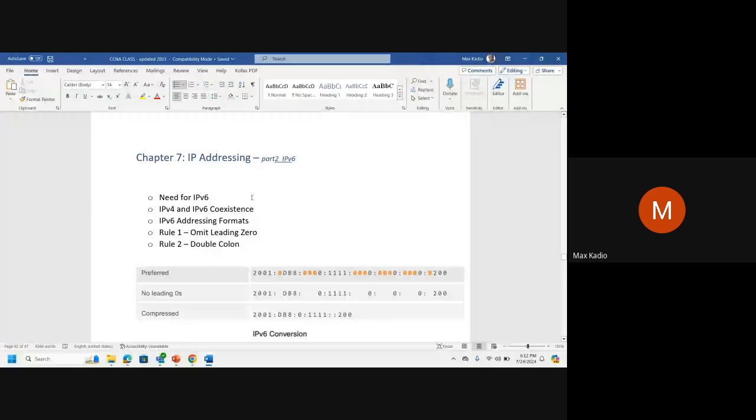On your network, you can have both IPv4 and IPv6 running. We have some ways of doing that, which we'll check.